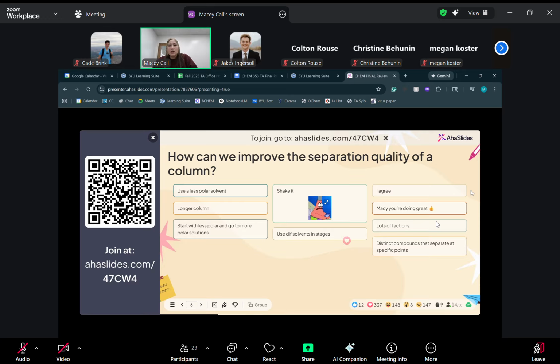So one thing that we can do is actually use a less polar solvent. Whoever said this one, you're doing amazing. That is correct. Adding a less polar solvent is going to make it so whatever is non-polar will come out first. So it'll add more separation between my two things, right? I have an example on my phone I want to read through.